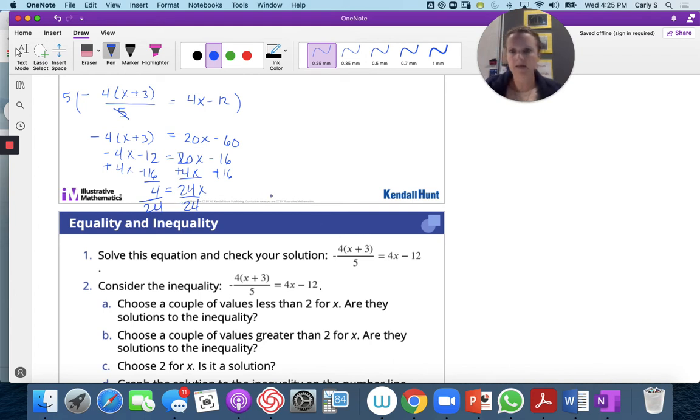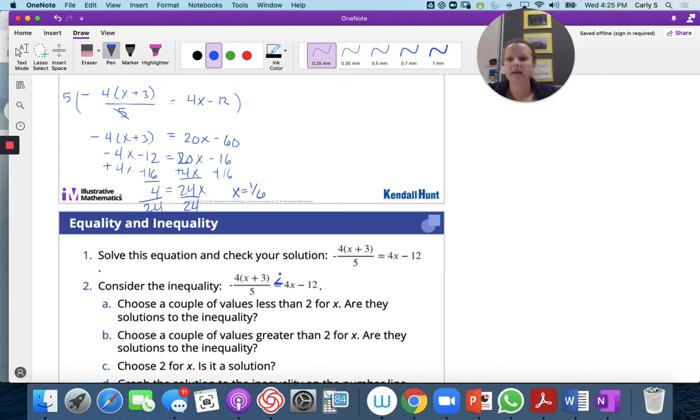Yep, so x equals 1/6. Okay, so that's solving. Now, number 2 says consider the inequality, and they've written an equality, so I need to fix that. This would be less than or equal to, okay? So consider the inequality. Choose a couple of values less than 2 for x. Are they solutions to the inequality?